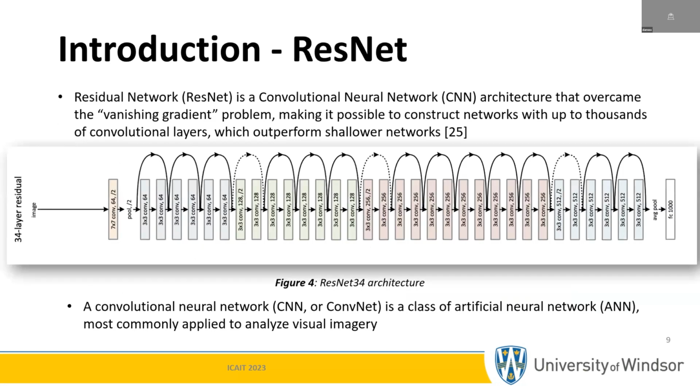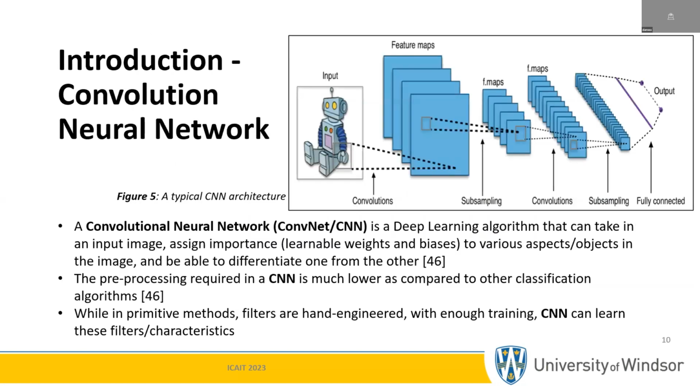If I move forward, skipping a few slides, this is a very typical introduction to ResNet. It's a special construction of a convolutional neural network that tries to solve the problem of vanishing or exploding gradients. I won't go into the details of this slide, but it gives you the idea of the technology we use.